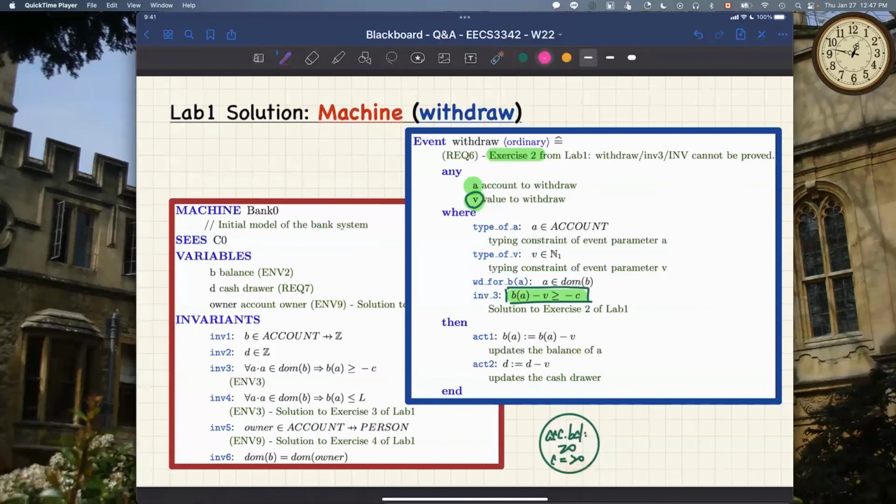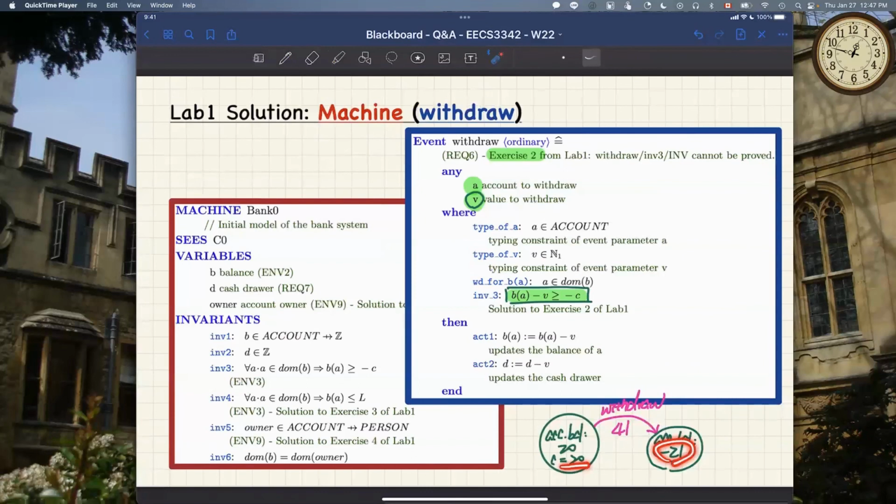Now if you try to do a withdrawal, a state transition, let's say I want to withdraw 41. In that case, it's going to create a state where the account balance is minus 21. Minus 21 is not larger than or equal to minus 20.